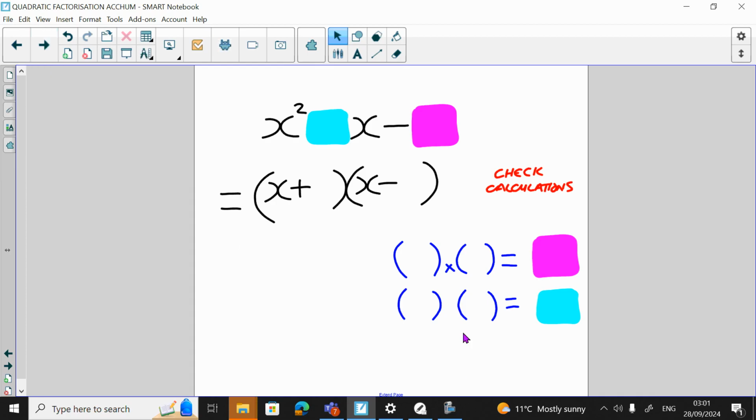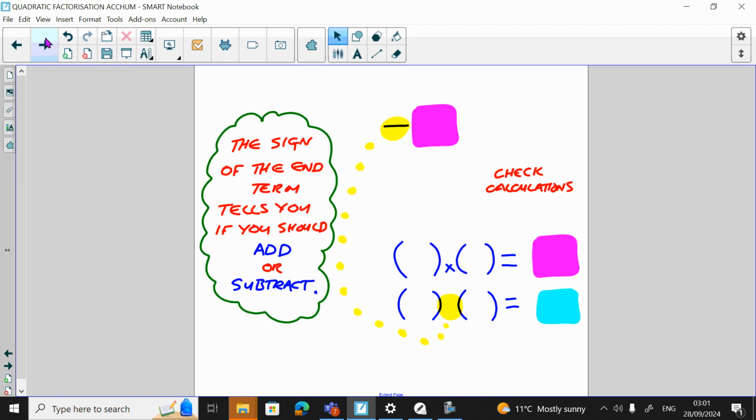But the thing is, the bottom is either add or subtract. That's what we're saying here. So even though it's telling you that the number is negative, it's telling you here that you're going to have to subtract.